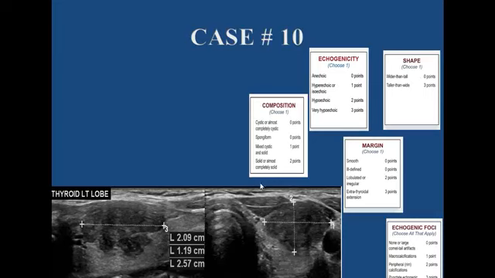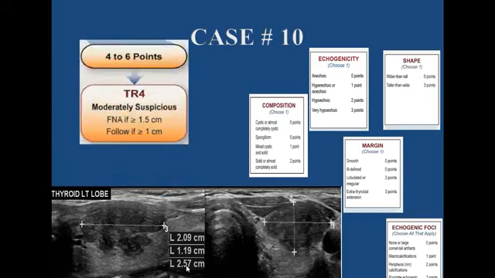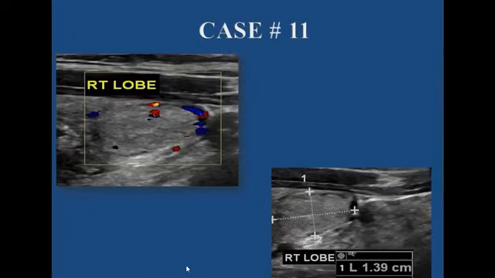So we have 2 for solid, 2 for hypo, and 2 for this lobulation. The overall score will be 6, which corresponds to TIRAD 3. I will do FNA if the largest diameter is greater than 1.5, and here the diameter is 2.6. So this patient did FNA.